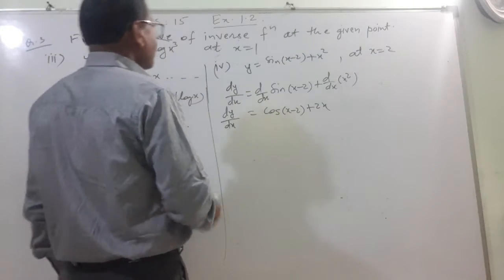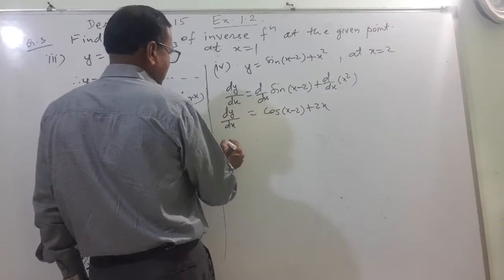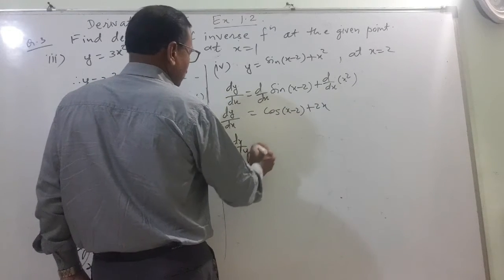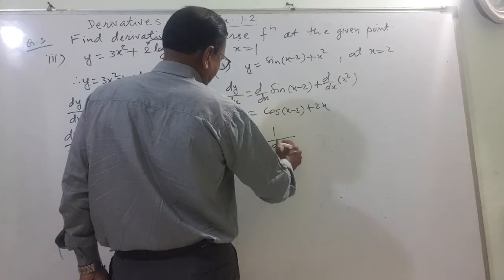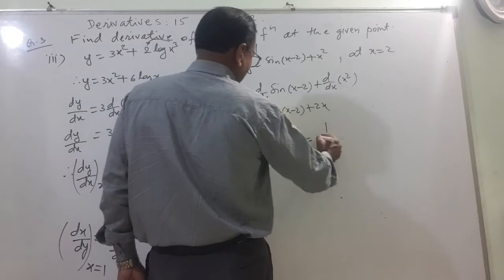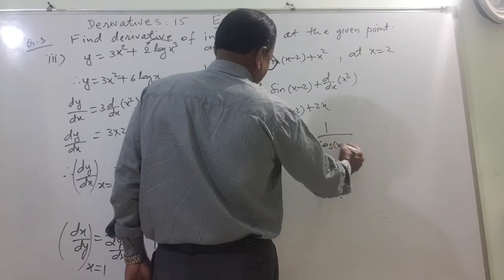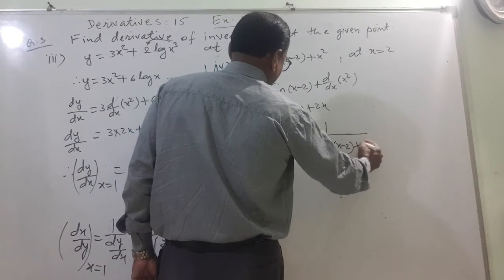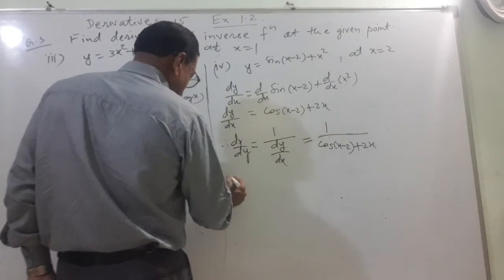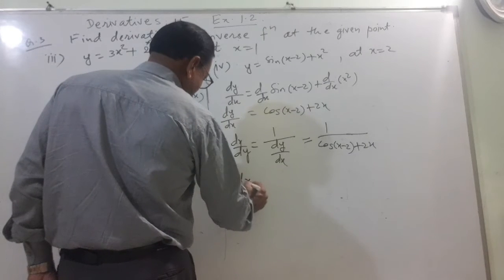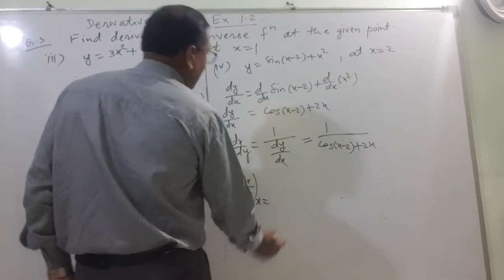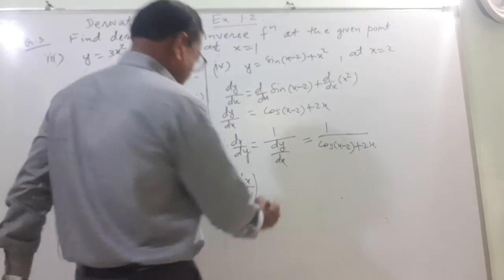Now the derivative of the inverse function, suppose I want to find. Therefore dx by dy, and afterwards also you can put the value, dx by dy is equal to 1 upon dy by dx. This is the inverse function. So that is equal to 1 upon cos of x minus 2 plus 2x. What I want is dx by dy at x equal to 2.